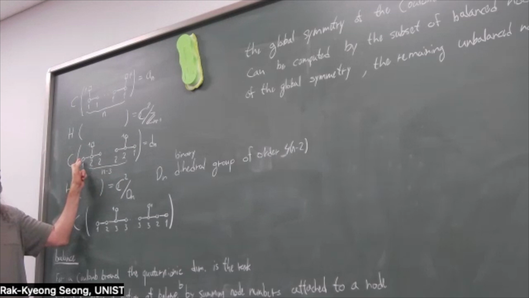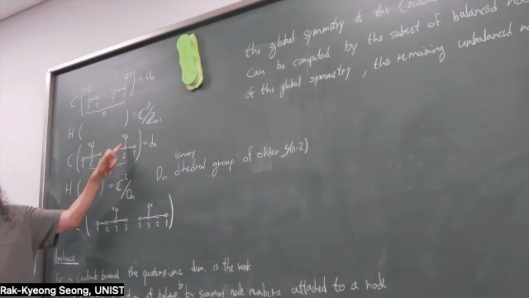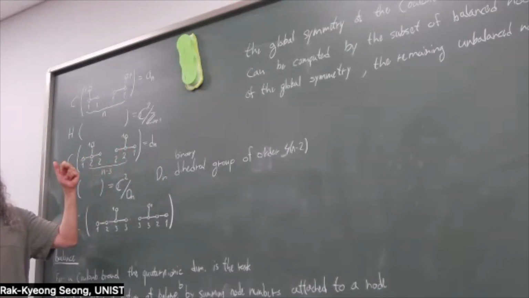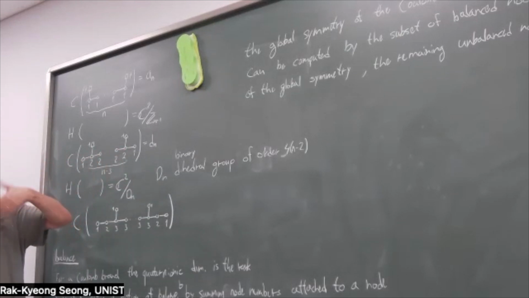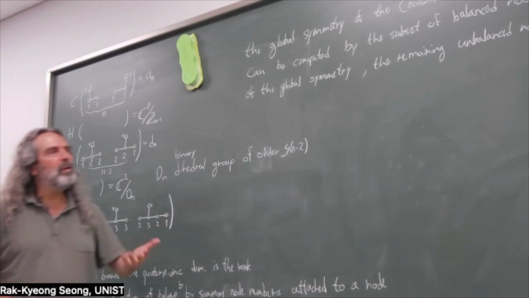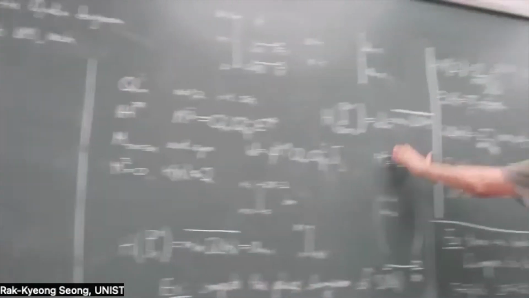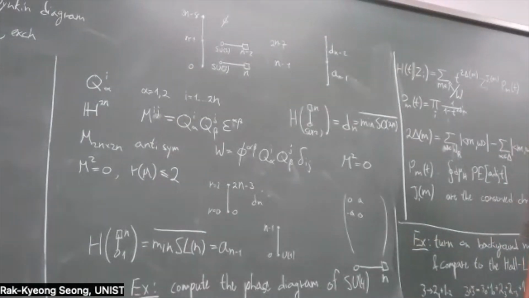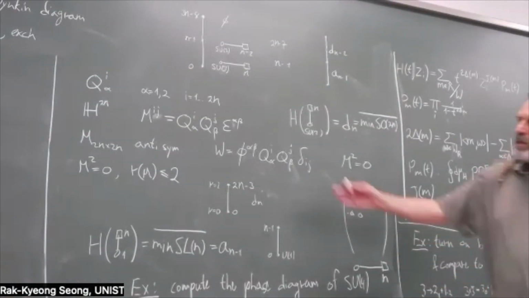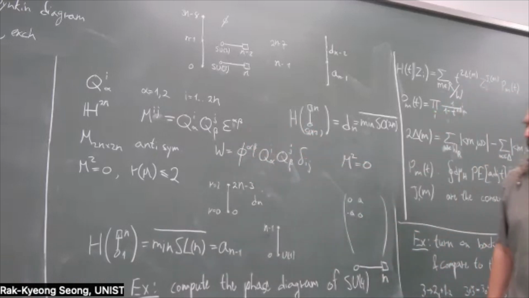So the balanced nodes form a Dynkin diagram of type D. And so the global symmetry on the Coulomb branch is of type D, SO(2n), which is what we saw when we computed, in this case, the minimal nilpotent orbit, where we gave a description in terms of matrices.